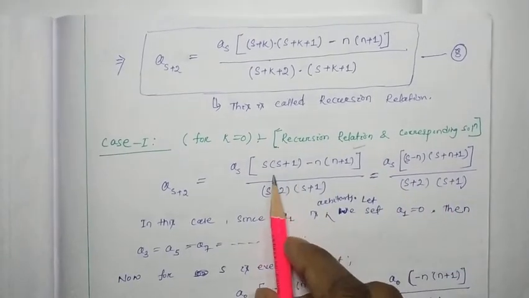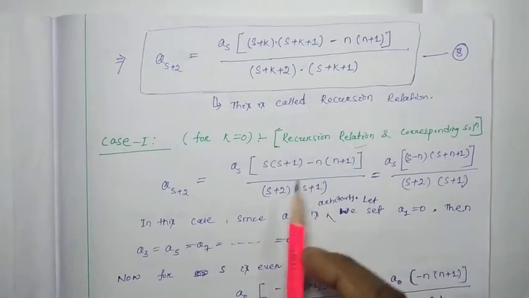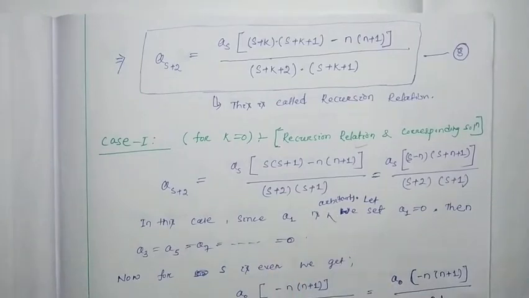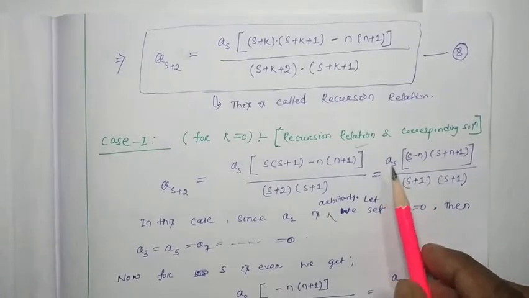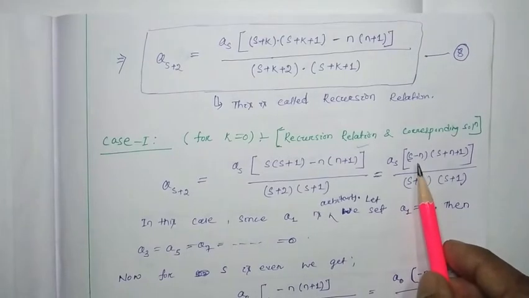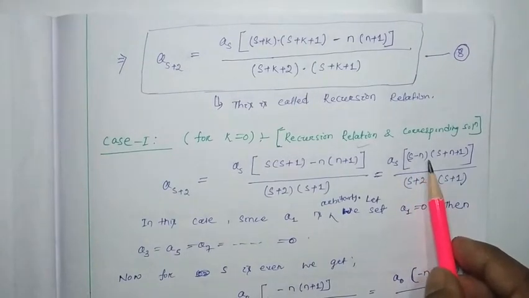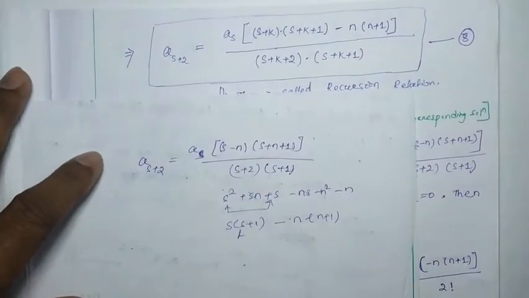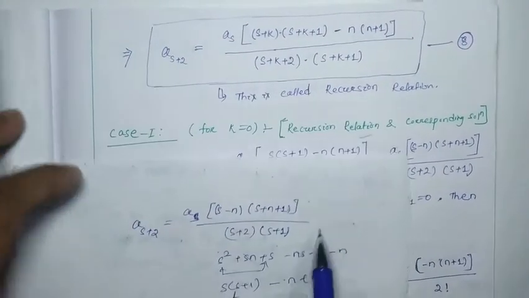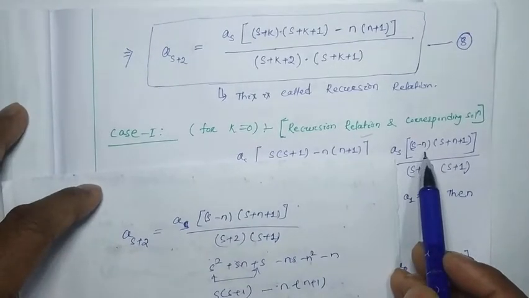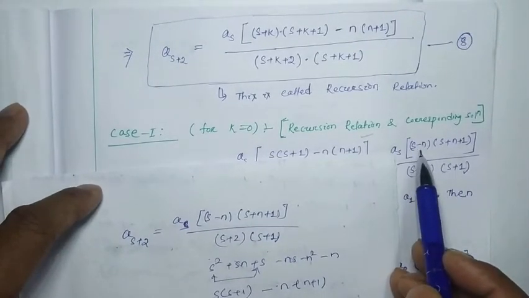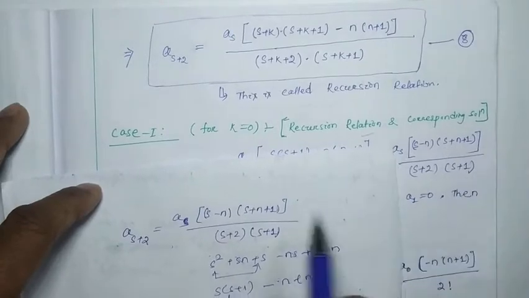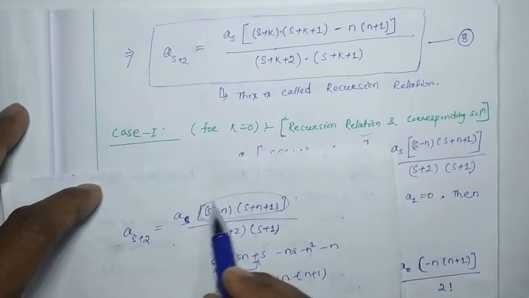This s into s plus 1 minus n into n plus 1 can be written in the form of s minus n into s plus n plus 1.